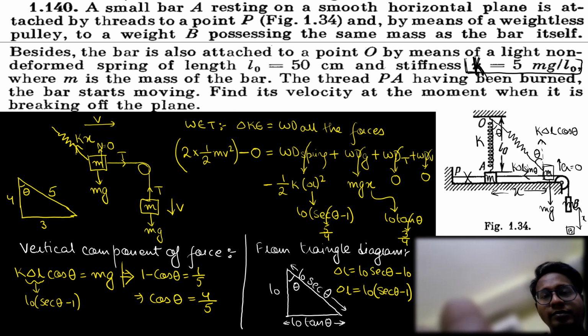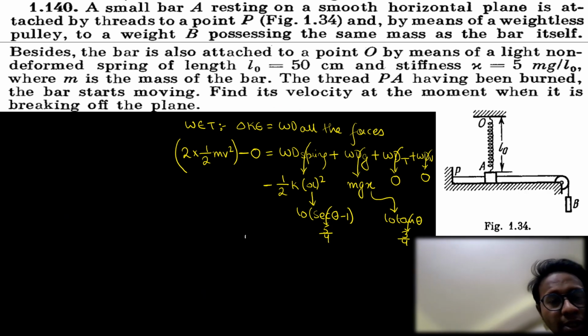So if I solve this equation out here, I would get something like half mv square is nothing but minus work done by spring, minus half k into delta L square, where delta L is L naught into 5 by 4. See, sec theta is 5 by 4, and 5 by 4 minus 1 is 1 by 4.